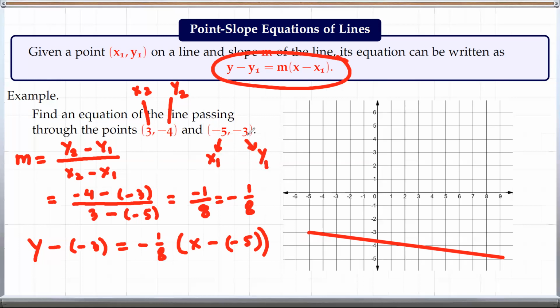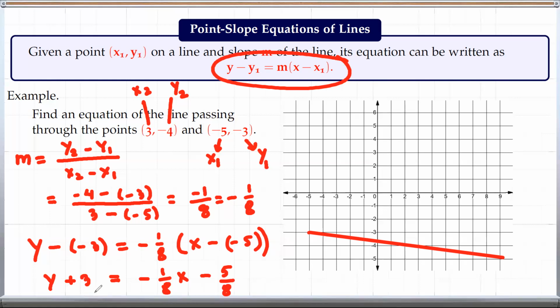You can't take y1 from the second point and x1 from the first point. Let's simplify this a little further. So we have y plus 3 on this side equals negative 1/8 times (x plus 5). We multiply that by negative 1/8, so that becomes negative 5/8. So y plus 3 equals negative 1/8 x minus 5/8.